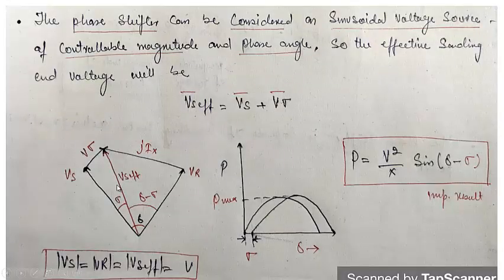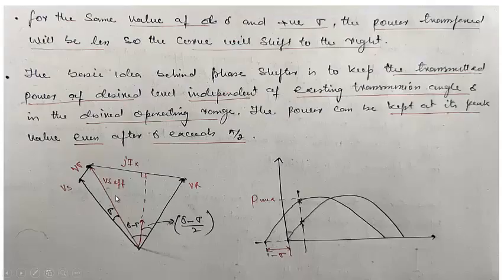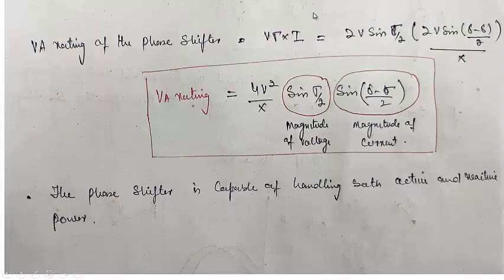That's here, because V sigma by 2 will be equal to Vs effective sine of sigma by 2. So V sigma will be equal to twice Vs effective sine sigma by 2, but Vs effective is equal to V, that will be equal to twice V sine sigma by 2. That is what I have written here, twice V sine sigma by 2, and I will be equal to twice V sine delta minus sigma by 2 divided by x.